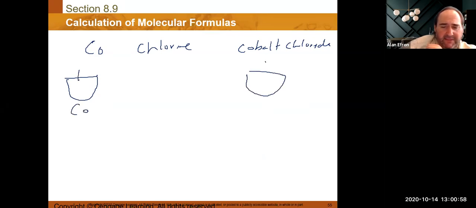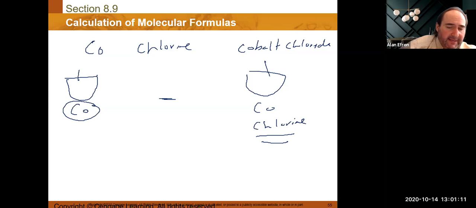At the end of the experiment, you had the cobalt plus the chlorine. If you subtract those two, that is how you get the grams of chlorine and the grams of cobalt at the beginning. At that point, you convert to moles, divide by the smallest, and you can figure out your empirical formula. So a couple of those questions on the post-lab are related to the procedure.